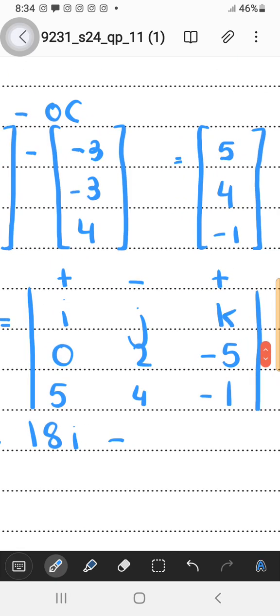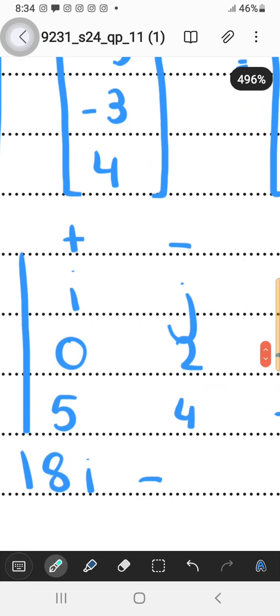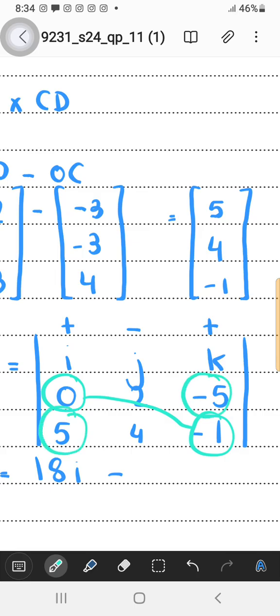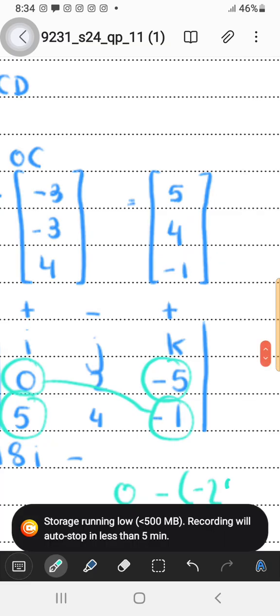Then minus, we have to find out now J. To find out J, we will ignore the J and we will work on I and K. So here 0 multiplied by minus 1 becomes 0. Then 5 multiplied by minus 1 becomes minus 25.